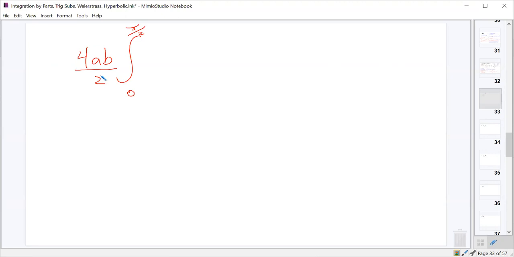And then the cosine squared turns into 1 plus cosine 2 theta d theta. Good or no? Yeah, good. Okay, perfect.